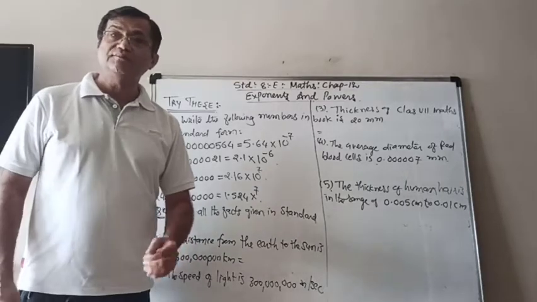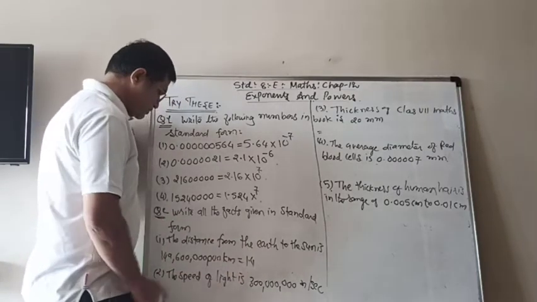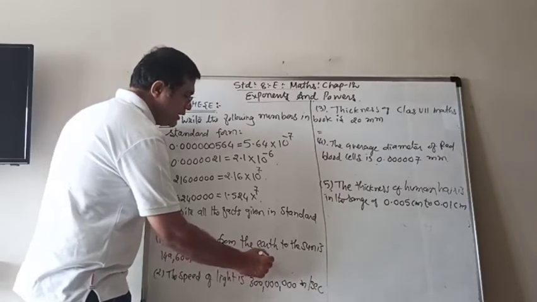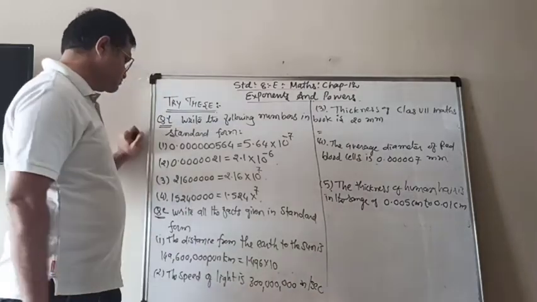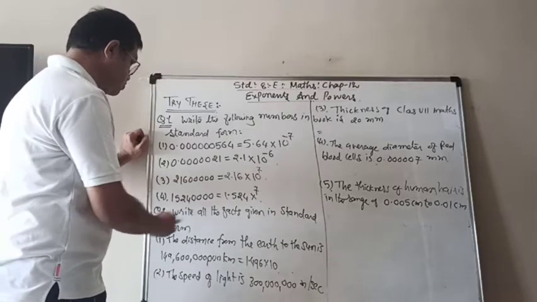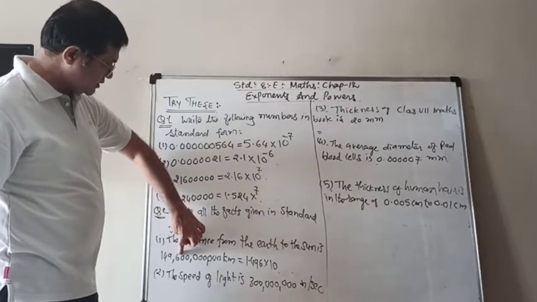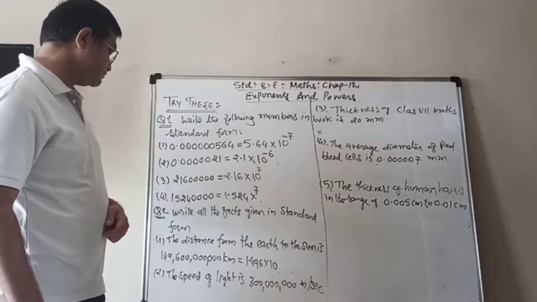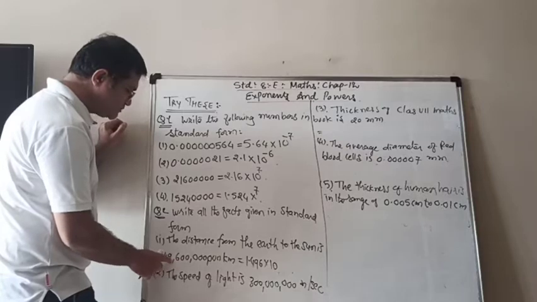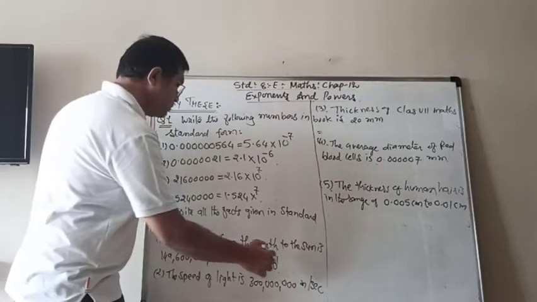So now I need the decimal point after the first non-zero digit, that is 1, so 1.496 multiplied by 10 raised to. Now we move from right to left side. So how many places? 1, 2, 3, 4, 5, 6, 7, 8, 9, 10 and 11. Let's make sure: 3 plus 3, 6, 7, 8, 9 and another 2, 10 and 11. So 10 raised to 11 kilometer.